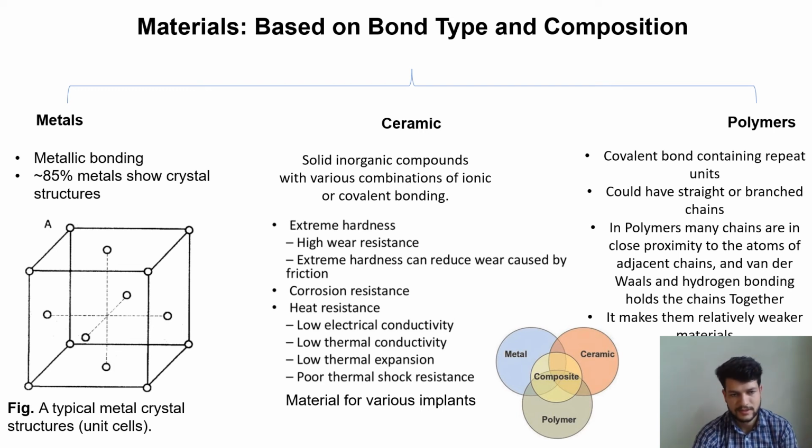The common crystal structures in the metals are face-centered cubic, body-centered cubic, and hexagonal close-packed structures. These unit cells are present in the case of metals.